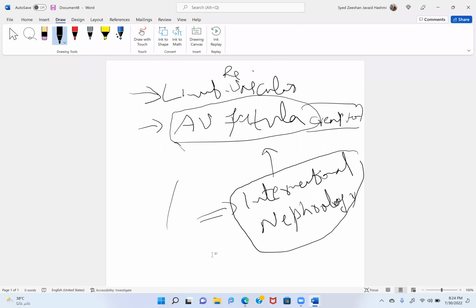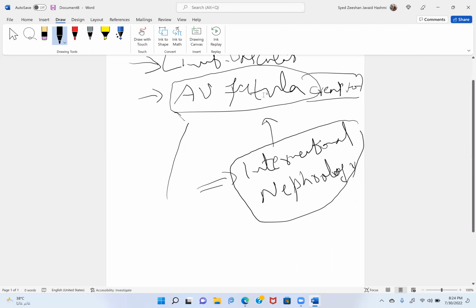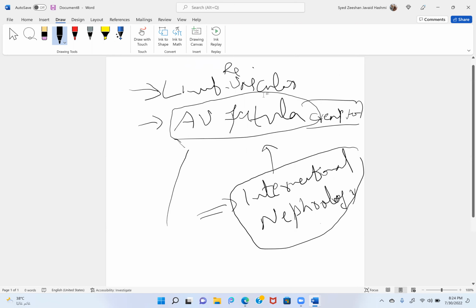So AV fistula creation is usually done by the urologist or vascular surgeon, and their maintenance is sometimes done by an interventional nephrologist. I will not say new because I don't know when this specialty was discovered. Anyway, now there is interventional nephrology as well.